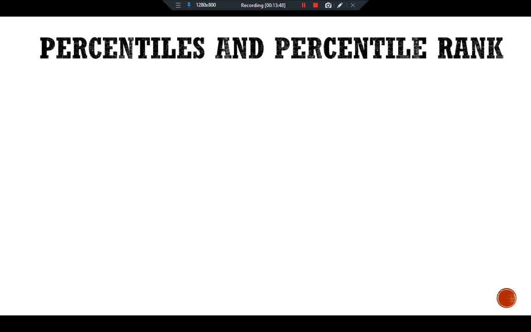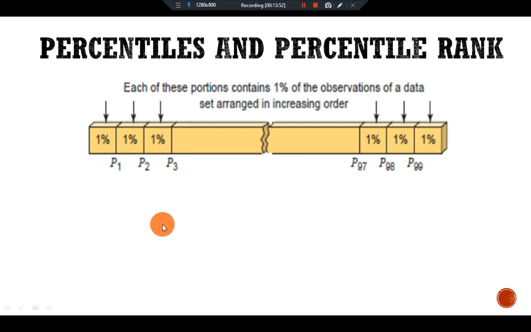Let me give you the definition for the percentile. Each data set can be distributed into 100 equal parts. Each portion contains 1% of the observations of a data set arranged in increasing order.